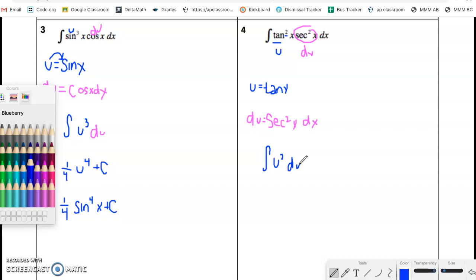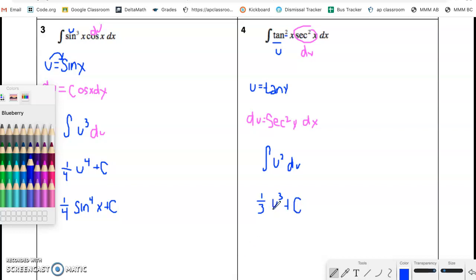Once again, I'm just using my reverse power rule here. So I'm going to add 1 to that exponent, and I'll get u cubed. And I'm multiplying by the reciprocal, which is 1 over 3. And I'm going to say plus c on the end.